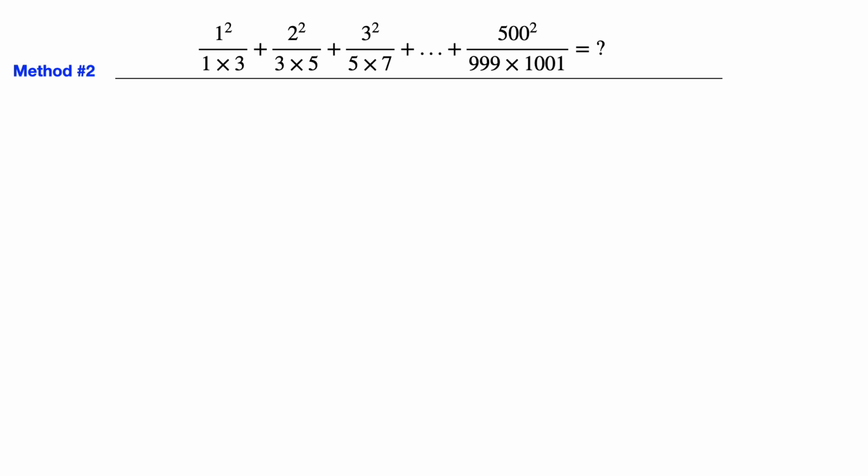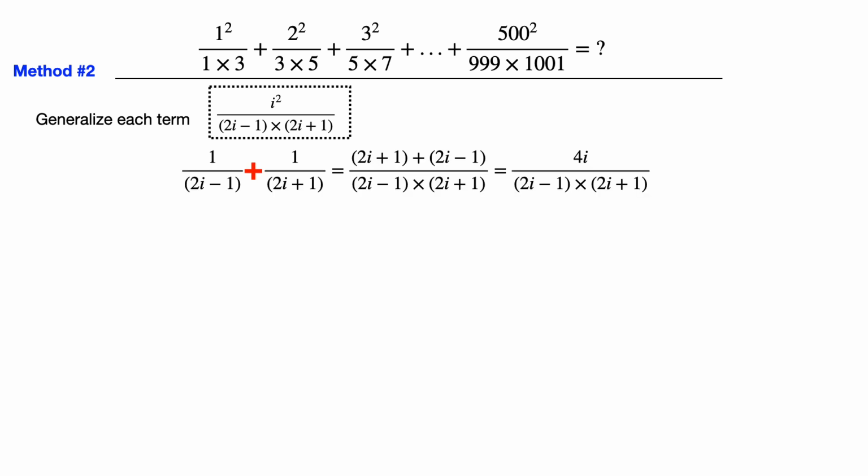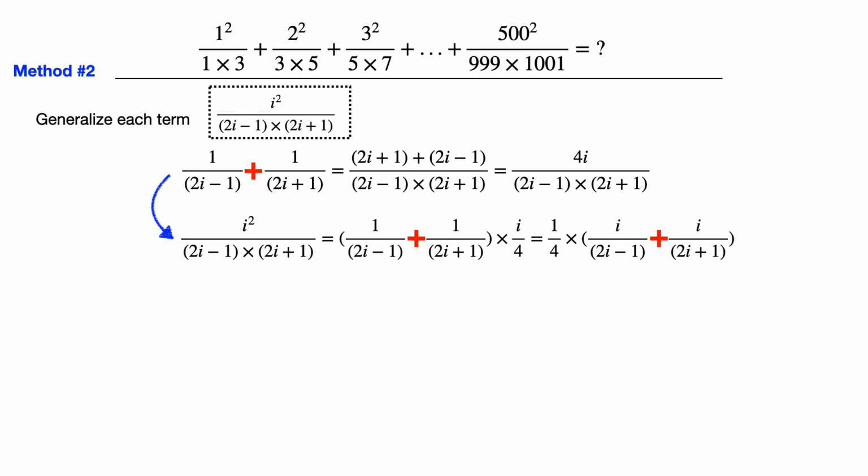Actually, there is a slightly different method for this solution. You can see we still use the generalized term, but instead of using minus, we can try to use plus, which is not as common as using minus. If we add these two terms to each other, it will equal 4I over 2I minus 1 times 2I plus 1.